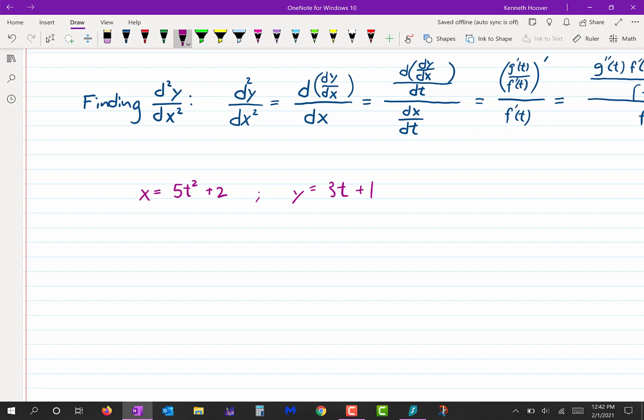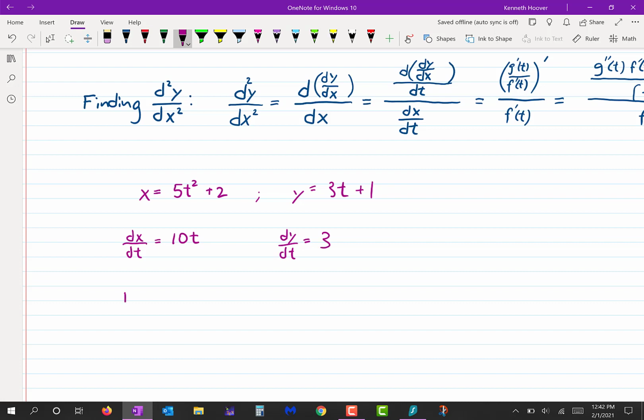So the first thing I do is I find dx/dt. So that's 10t. Then I find dy/dt. That's 3.